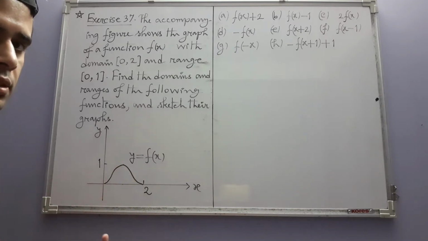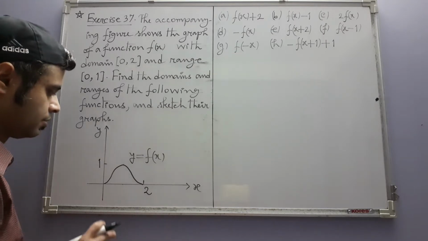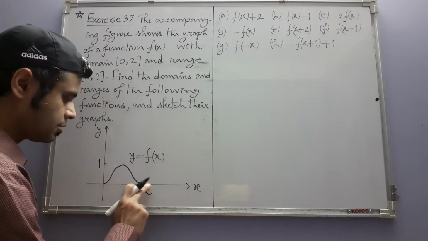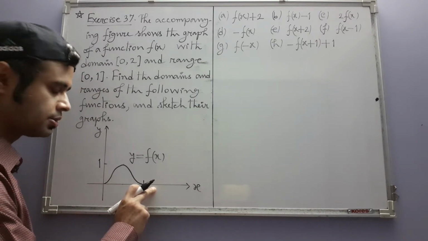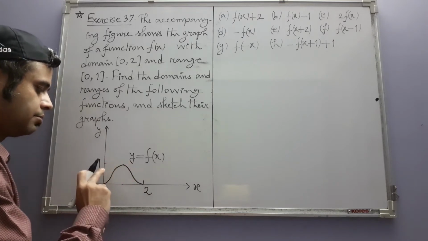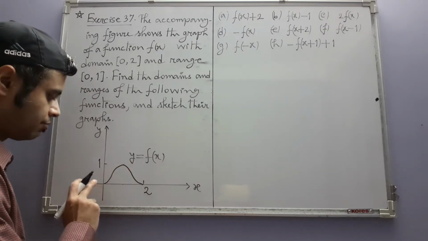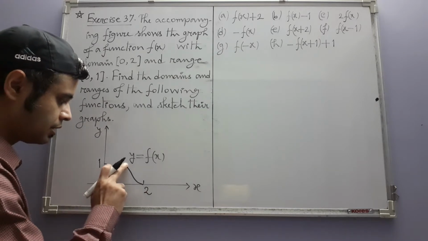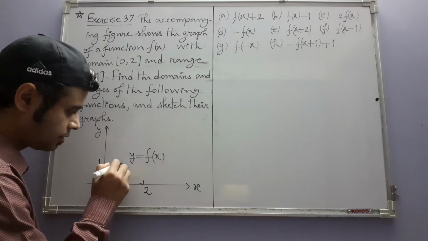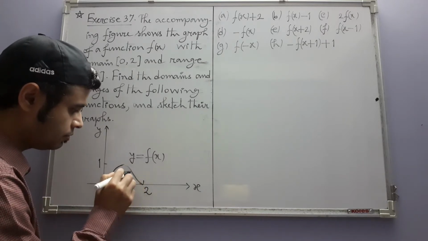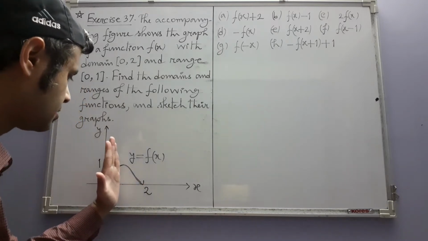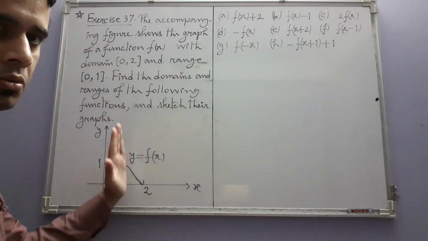It's a bell-shaped graph which lies between the values 0 and 2 on the x-axis, and on the y-axis it lies between the values 0 and 1. And from the shape of the graph you have to understand, although I have not been able to draw it properly, that it is symmetric with respect to this vertical line x equal to 1.